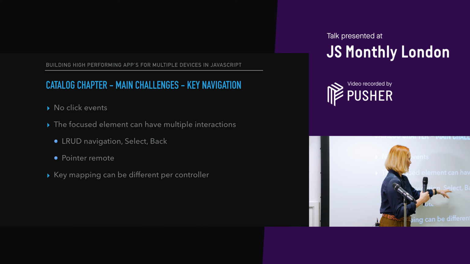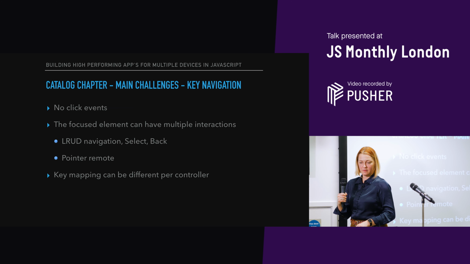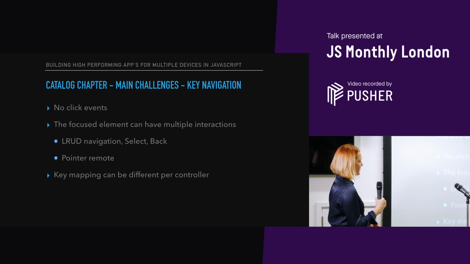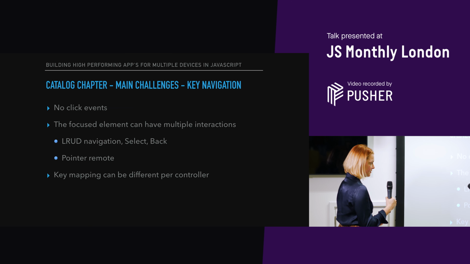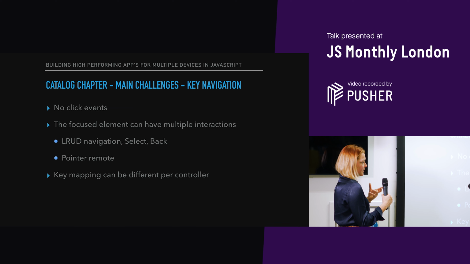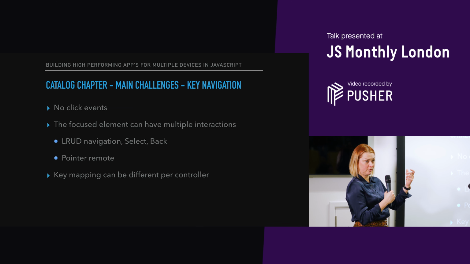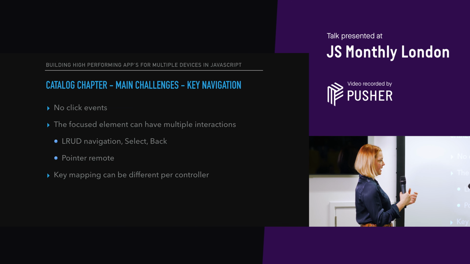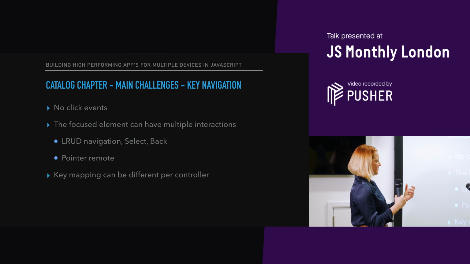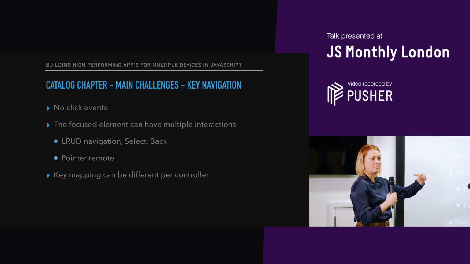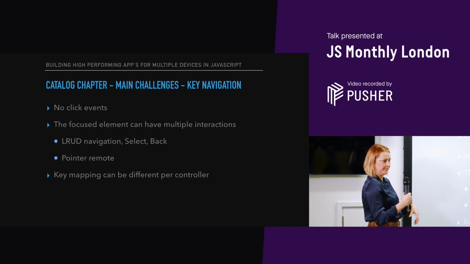Select is usually the enter, but the back button is something different. It is coming from the device OS, and it is actually an event that we are getting from Cordova.js, and I think it's called back button. So as you have a click event or key pressed, it's called back button.